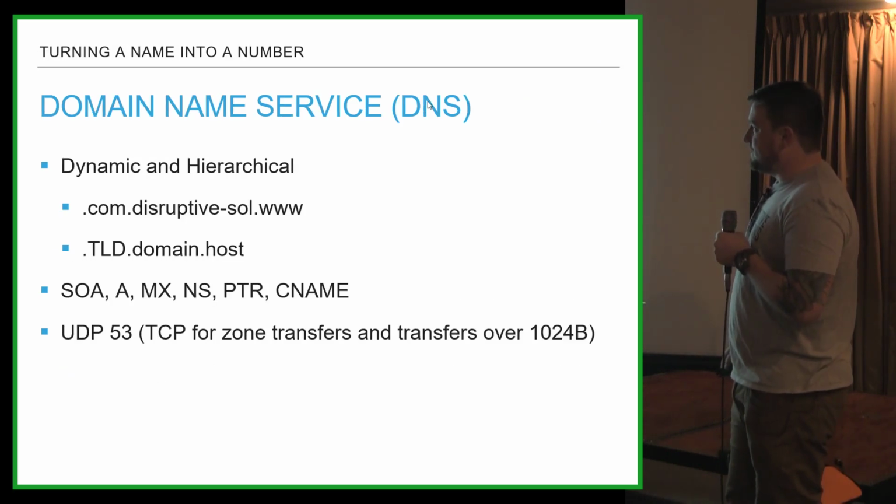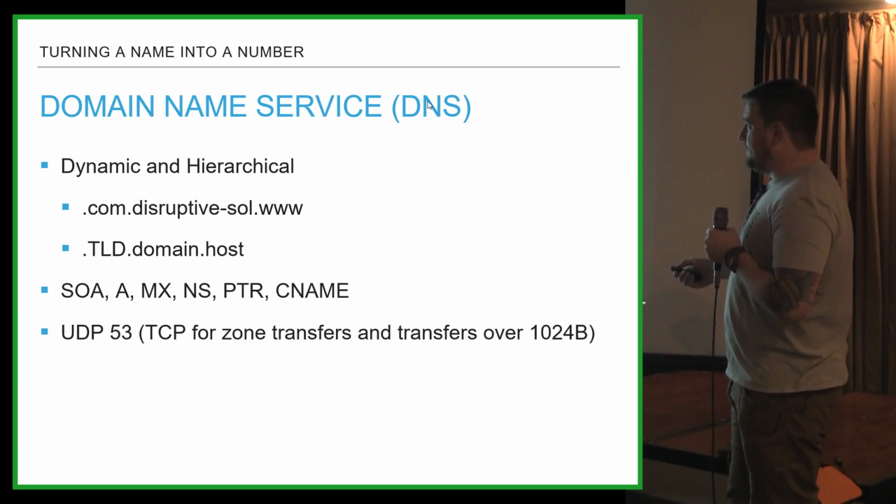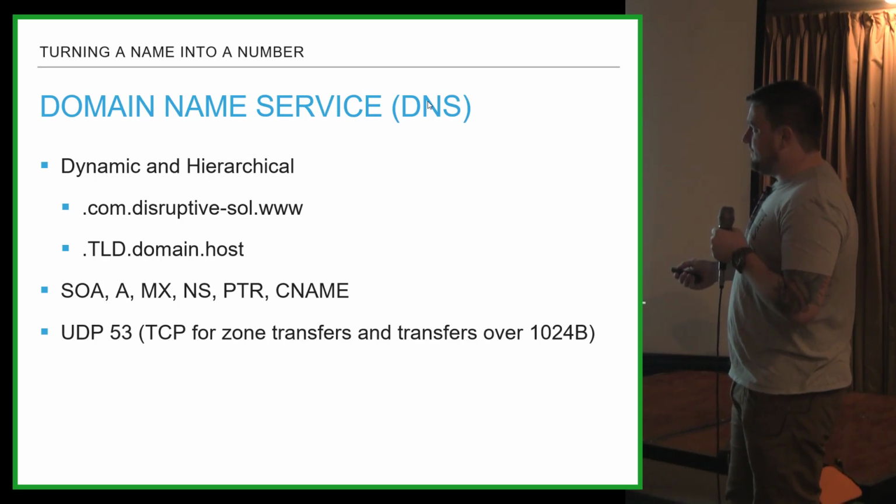So the first thing is DNS, and everything is hierarchical and also backwards. The dot is something you don't see because it's implied that it's there. This is the root domain. After that, you have com, then disruptive-sol, and then www.